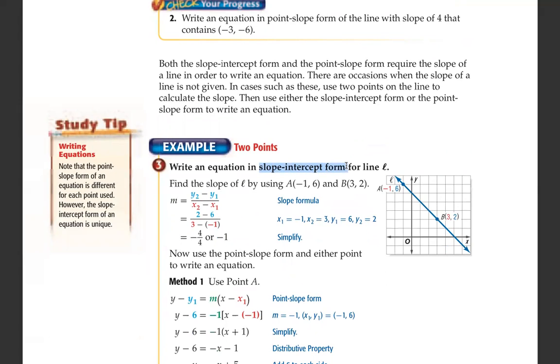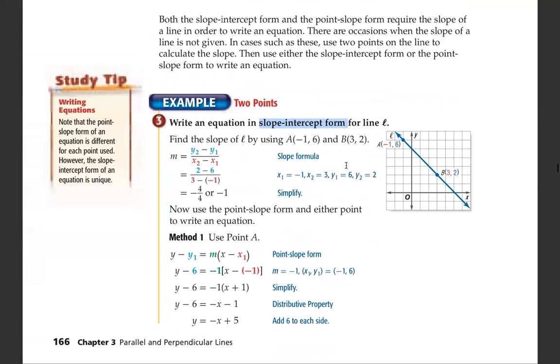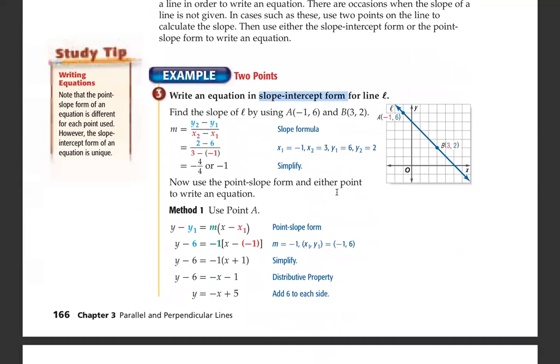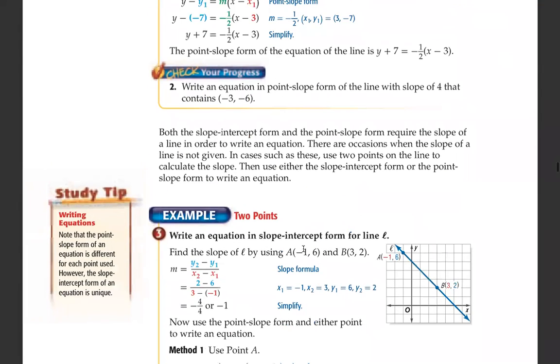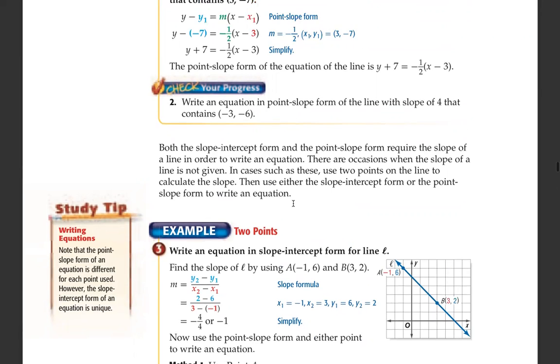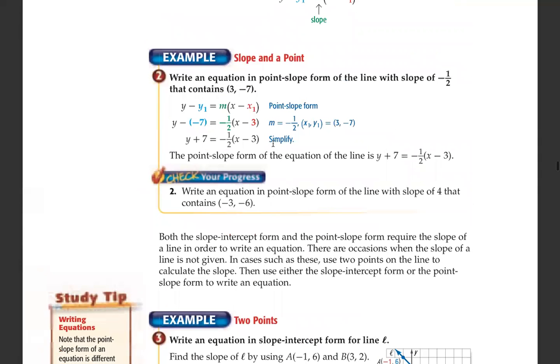Therefore, you're expected that your final answer will be y equals something x plus or minus something, if it ends up with a variable x. Since we already have the slope, we go back first to point-slope form, because none of the two points gives us a y-intercept, therefore we're gonna use point-slope form.